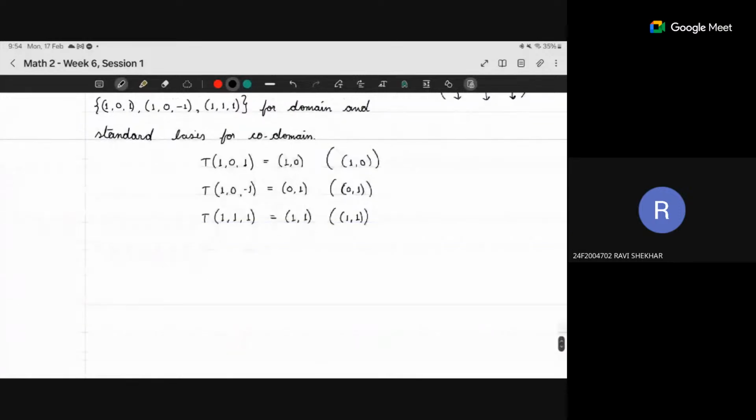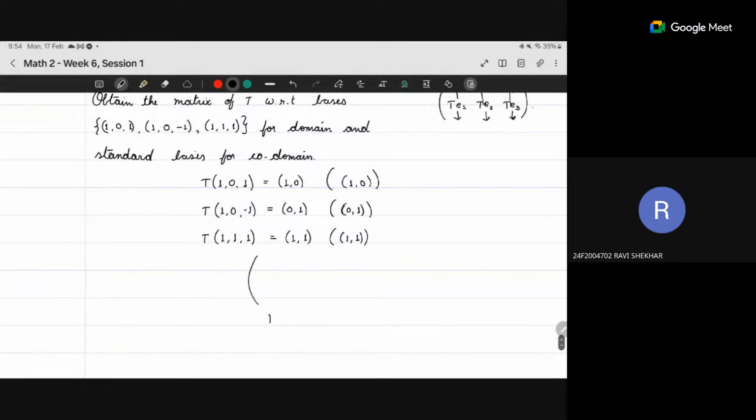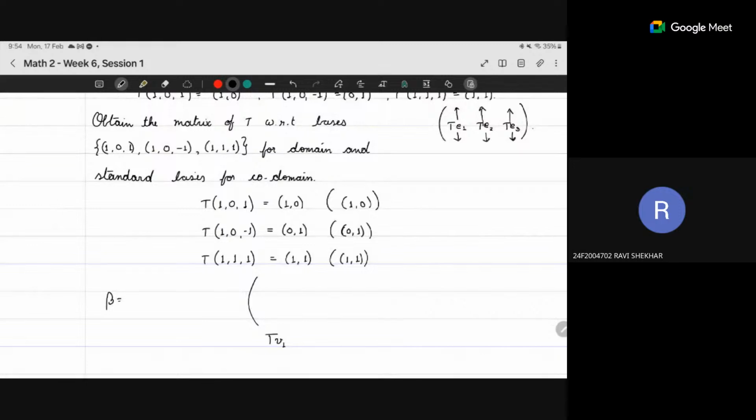Now, if I want to construct the matrix, instead of doing T of e1, I will do T of v1, where v1 is the first element of my given basis. Suppose my beta is v1, v2, v3. I'm just calling these v1, v2, v3. Here it is. This is v1, this is v2, this is v3. So I have to take the given basis for the domain, evaluate T of those elements, that is T of v1, T of v2, T of v3, and write the coordinates over here.